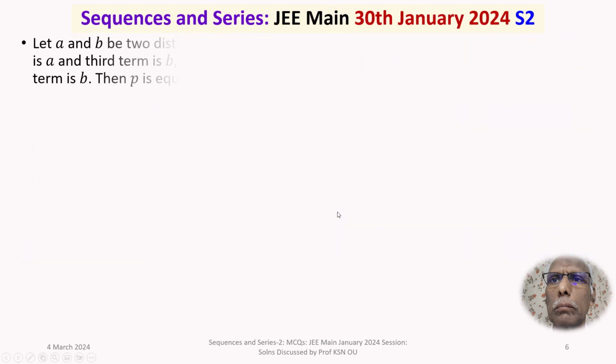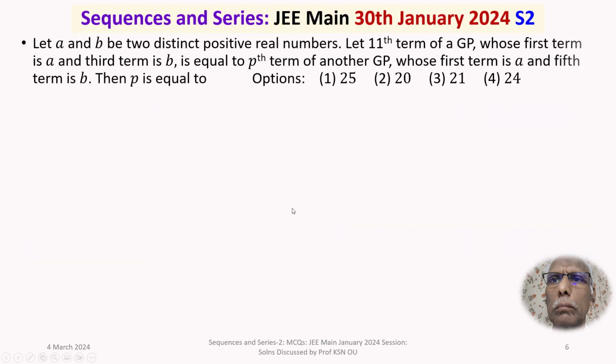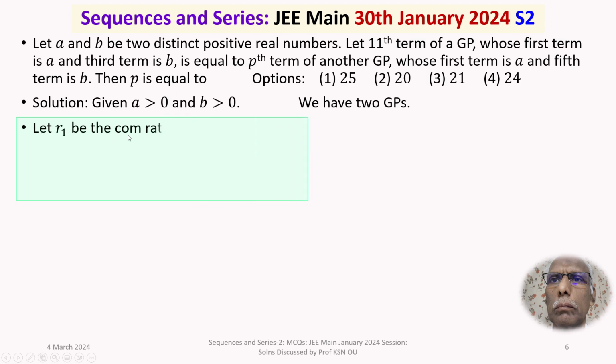Let's now discuss the solution of the problem in detail. Given A and B are both positive real numbers, we have 2 geometric progressions. First, we consider the first geometric progression. Let R1 be the common ratio of the first GP.